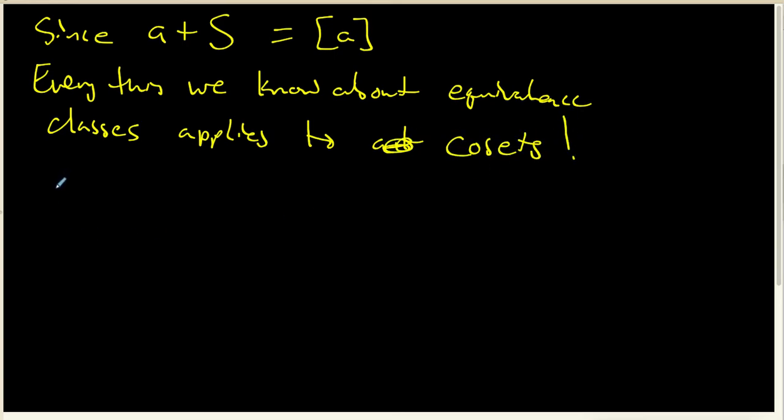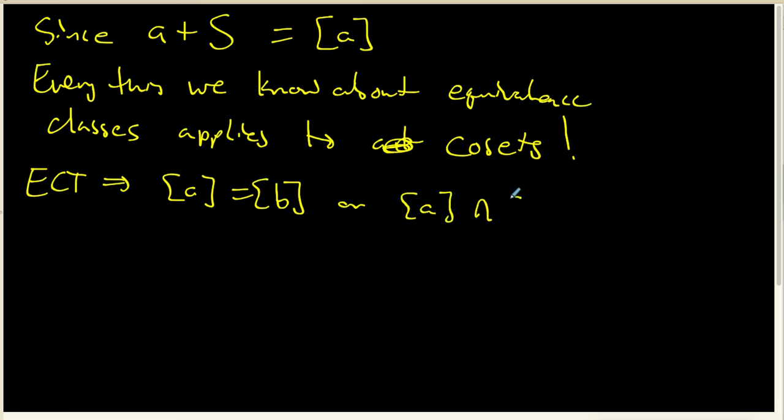And in particular, the equivalence class theorem says that two equivalence classes are either equal or they are disjoint.